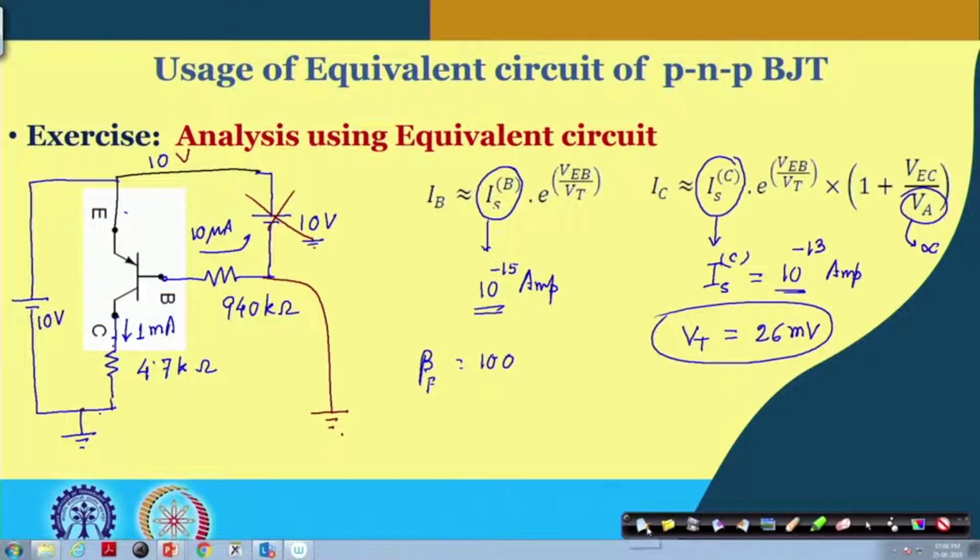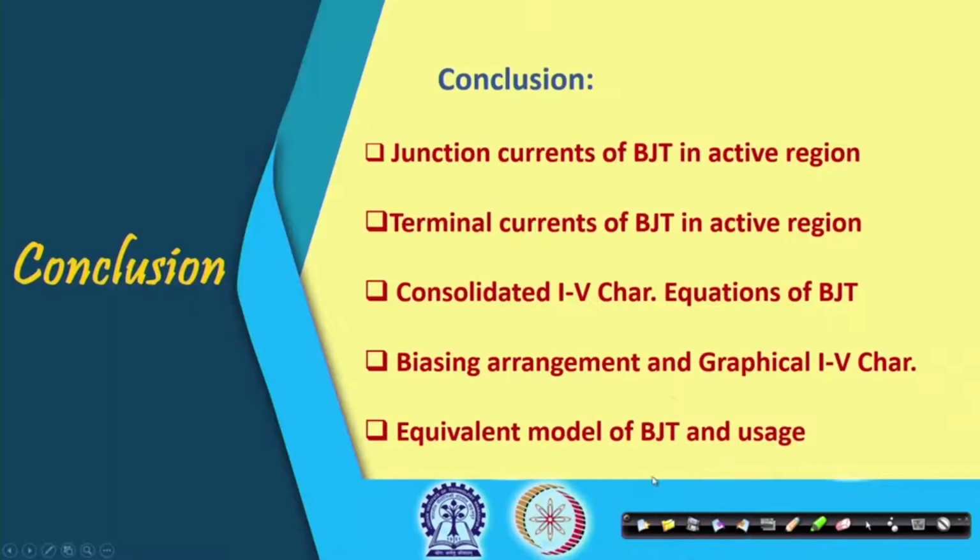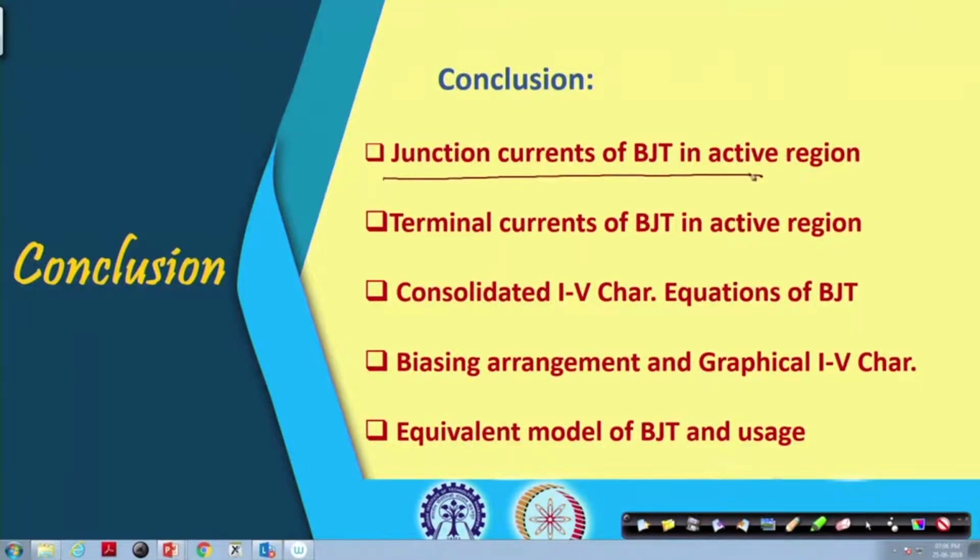So, to summarize what we have covered so far in this module, in the previous part we discussed the junction currents and then the terminal currents of the NPN transistor, and then we consolidated the IV characteristic.